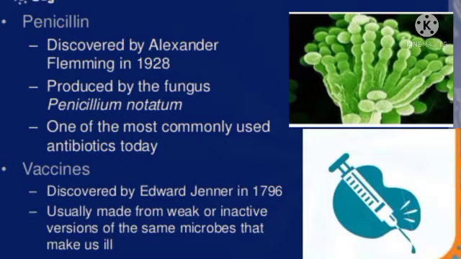Penicillin was discovered by Alexander Fleming in 1928, produced by the fungus Penicillium notatum, one of the most commonly used antibiotics today. Vaccine was discovered by Edward Jenner in 1796, usually made from weak or inactive versions of the same microbes that make us ill.